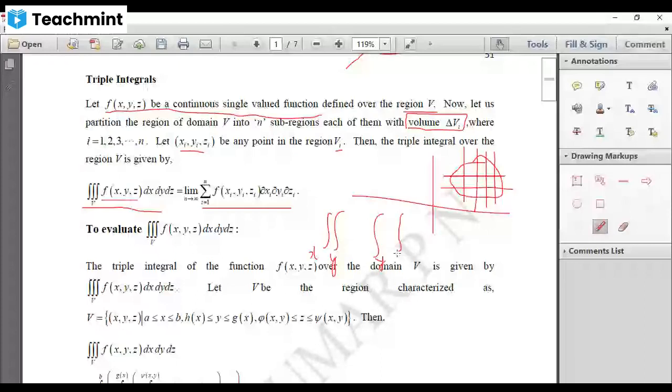Either x takes constant limits or y takes constant limits, but the other one should be a dependent function. That means if you give x constant limits, then y will be a function dependent on x. Not necessarily, but generally, when evaluating over the region, we'll see whether our y is dependent on x or not.